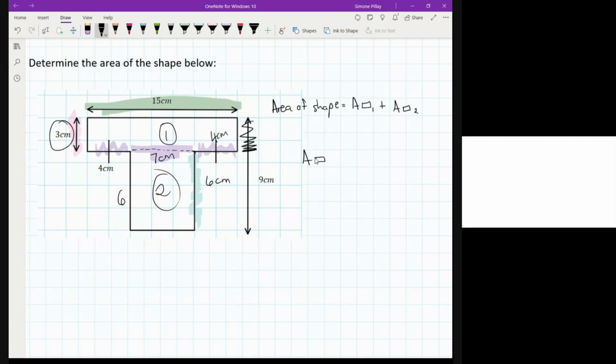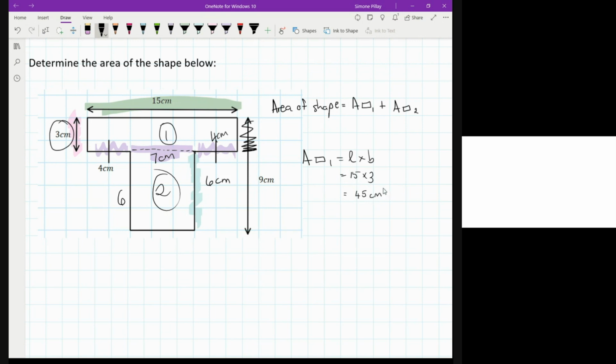Yeah, that's equals to L times B. Then I'm gonna say 15 times 3, and that is 45.